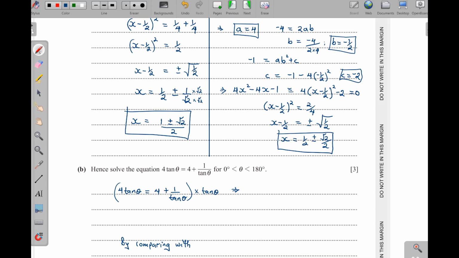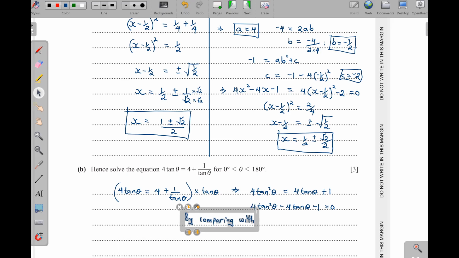This one will be 4 tan squared theta, and this is equal to 4 tan theta, then plus 1. And then when you bring everything onto one side, we shall have 4 tan squared theta minus 4 tan of theta minus 1, which is equal to 0. Now, from here, we can compare.